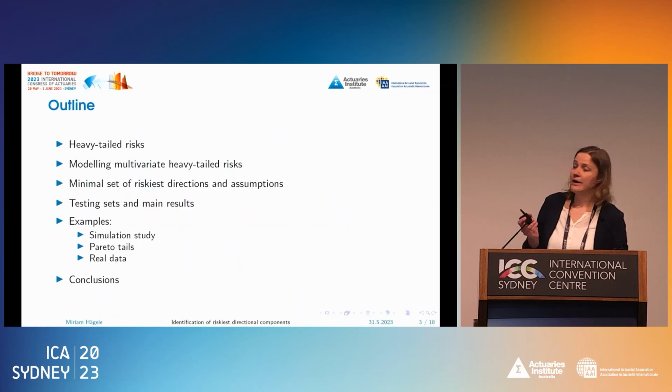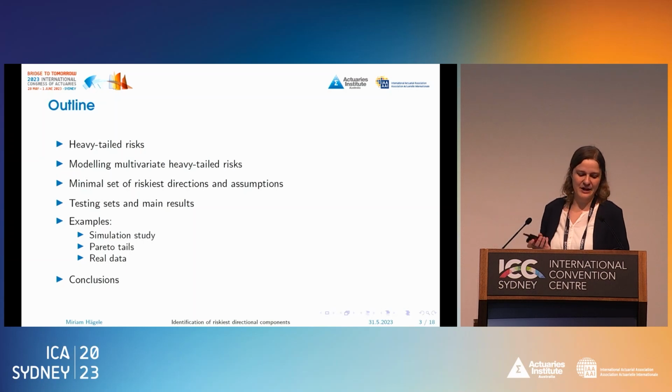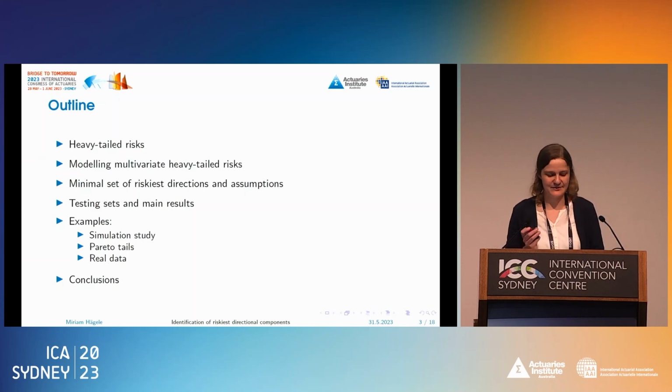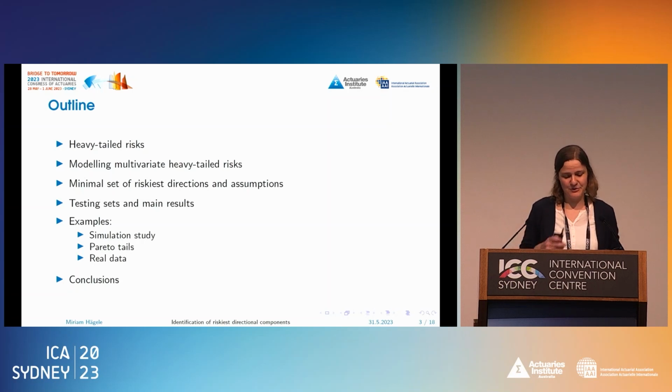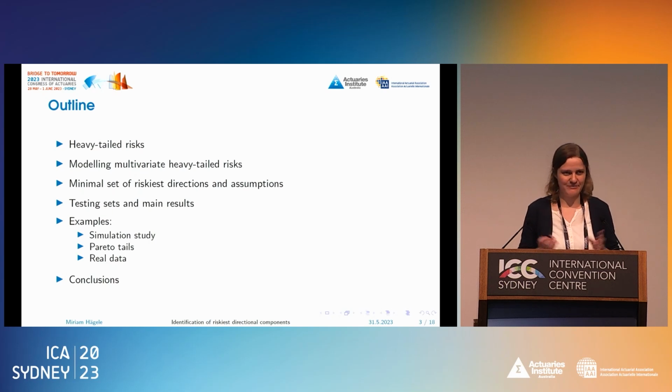At first I will briefly introduce heavy-tailed risks and tell you how to model multivariate heavy-tailed risks. Then I will move on to the more theoretical part of the paper.